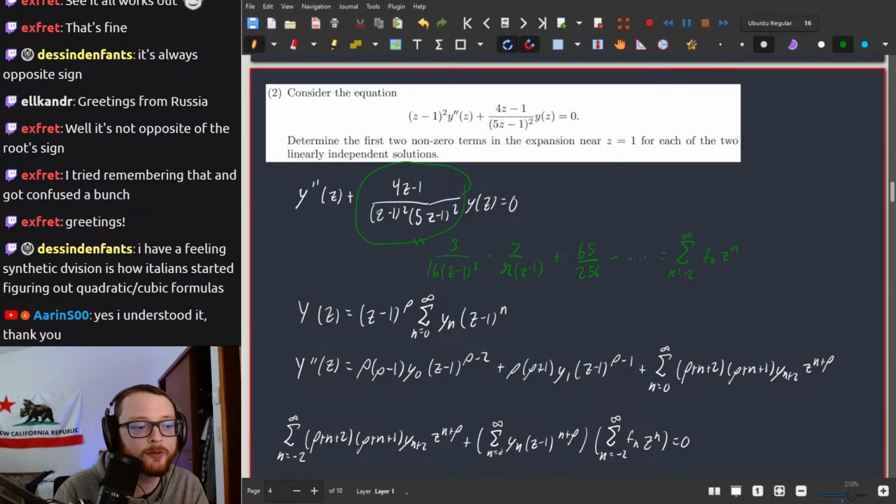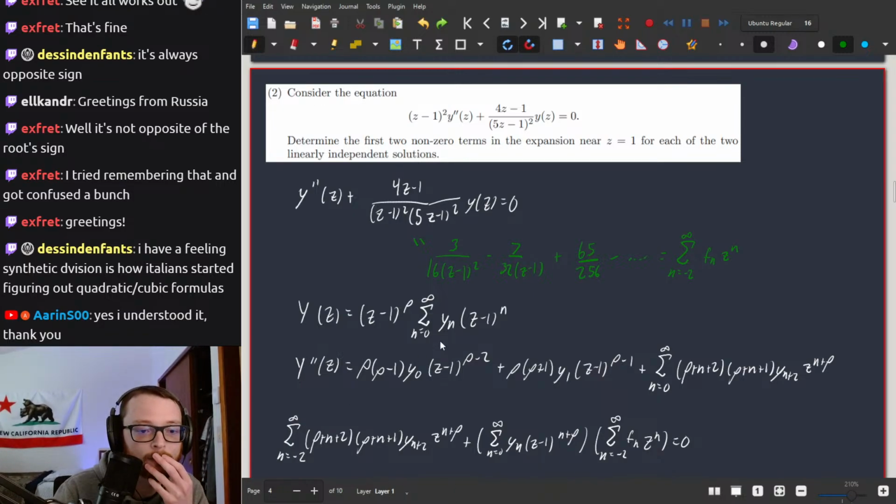So my idea for a workaround was to do partial fractions, so I can get these two coefficients here. But I think I made a mistake with the partial fractions because the coefficients that I got didn't match up. I should make Wolfram Alpha do partial fractions to make sure this approach actually works.